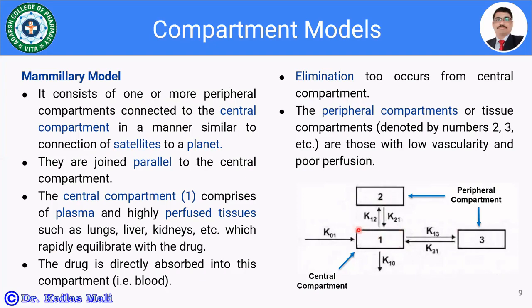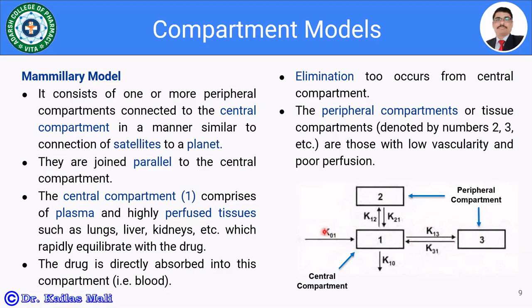So compartment number 1 is said to be the central compartment, and the drug is going to enter the central compartment, and from the same compartment it is going to be excreted. Whatever the compartment number 2 or compartment number 3, it is said to be the peripheral compartment, and the drug is going to be distributed into the peripheral compartments like compartment number 2 or compartment number 3, and these are the various rate constants which are written.